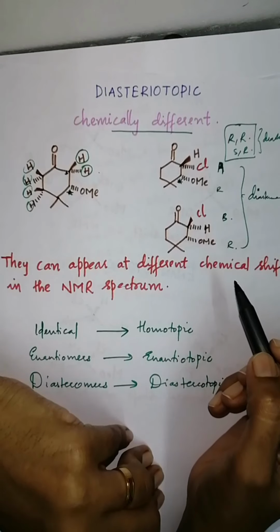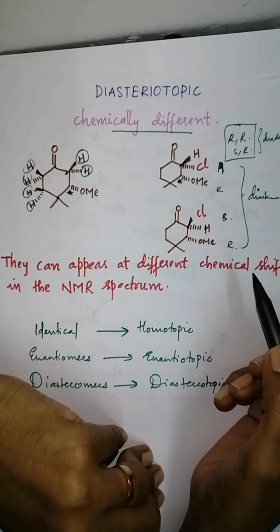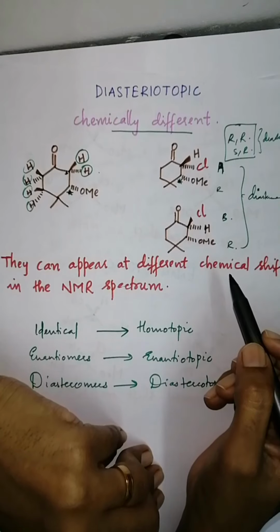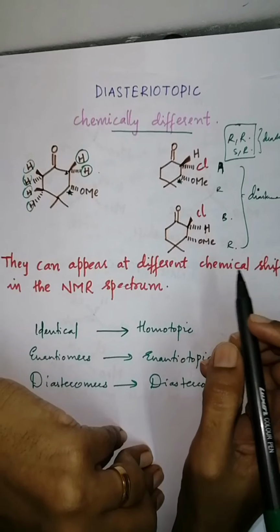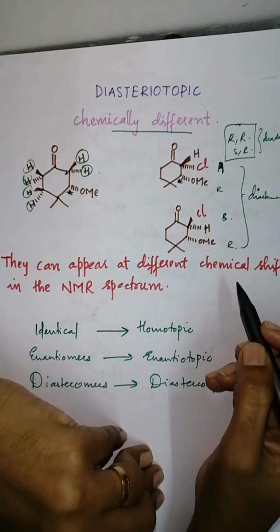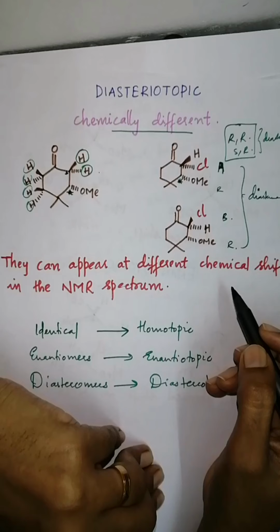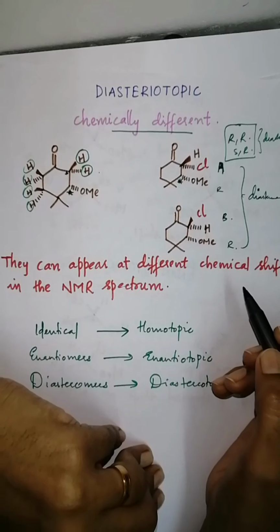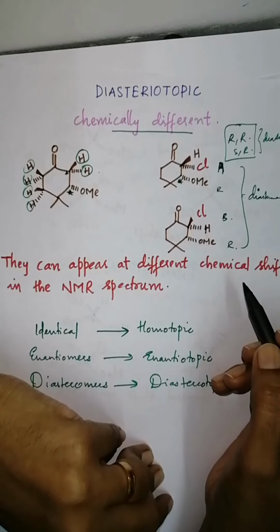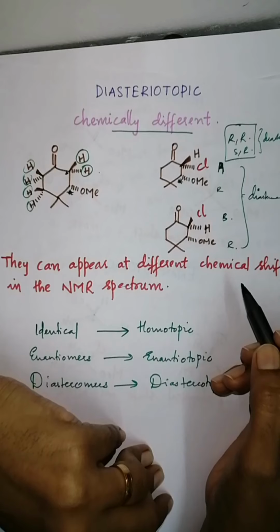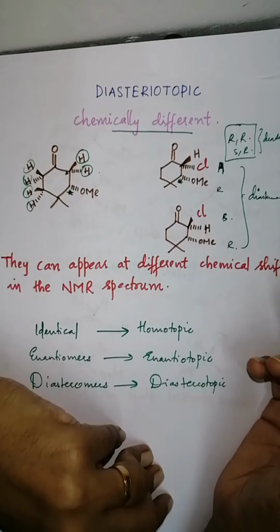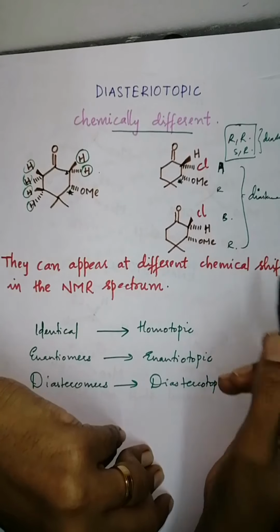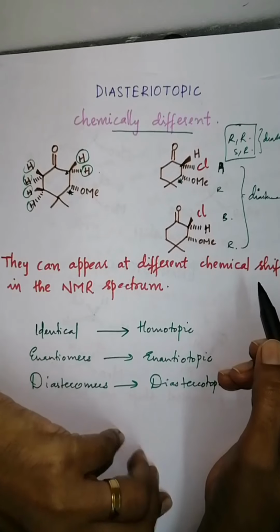There are some exceptions, because in the case of toluene and others, even though there are diastereotopic protons, we will get the same chemical shift in NMR. Still, in general we can say that they will show different chemical shifts because they are chemically different molecules. Diastereomers are chemically different molecules. They can be distinguished with some chemical reagents, and also by NMR.